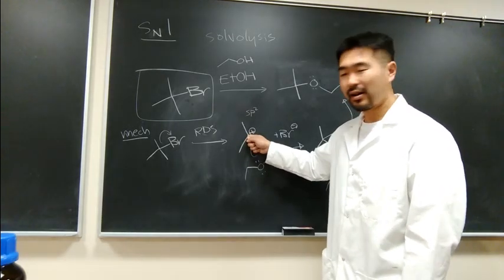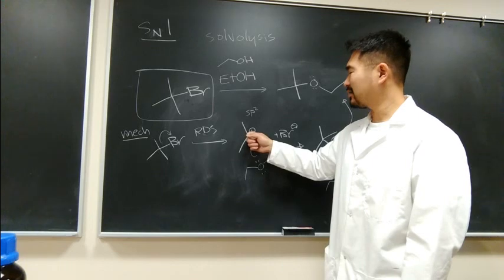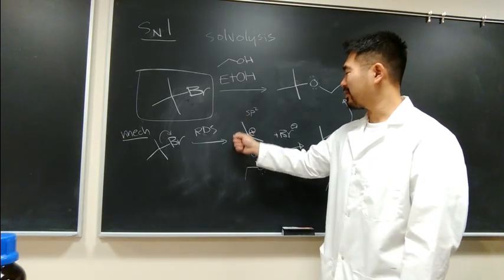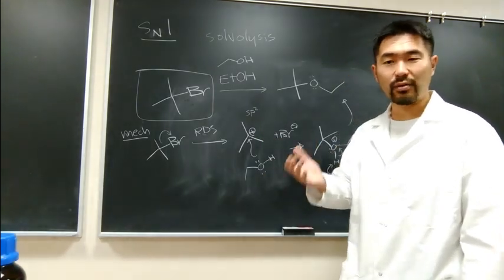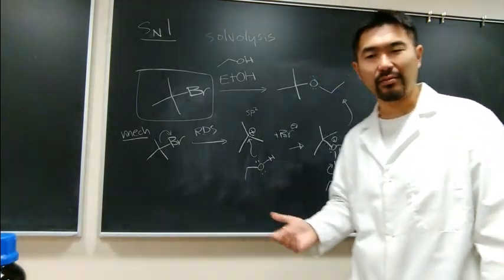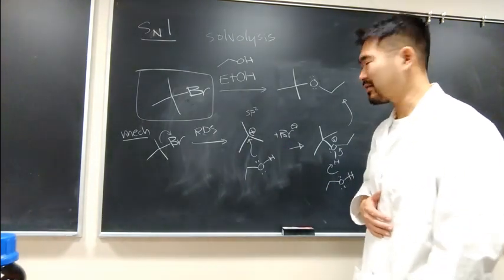Remember, this carbon is not even meeting the octet. This cation is stabilized by three alkyl groups, in this case three methyl groups that are electron donating groups that can stabilize that extremely electron deficient carbon.